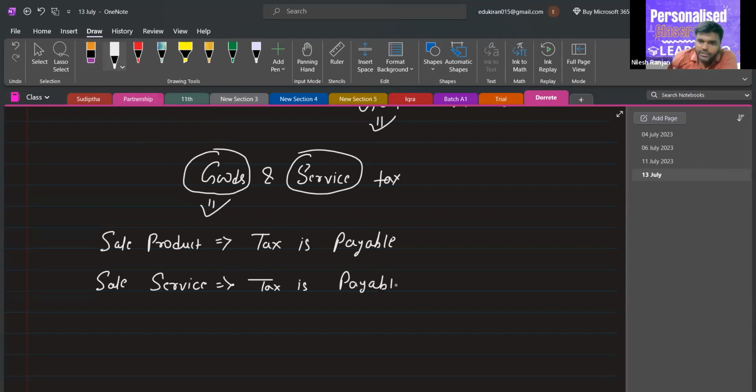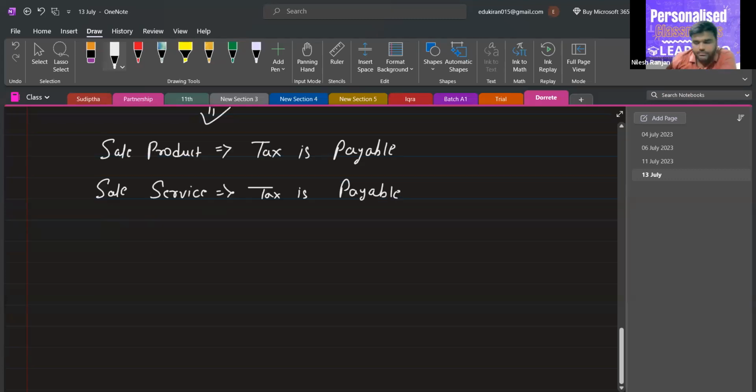Now, who will pay this tax to the government? The person who is selling the product or providing the service. But do they actually pay the money to the government?